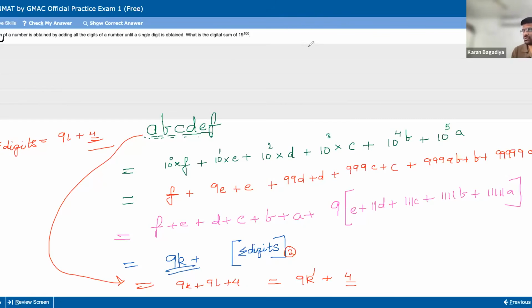So let's check. If I have 47, the summation is 4 plus 7, 11, which in an ideal world we will sum up again till we get a single digit: 2. So 2 is the digital sum of 47. Let's say we have 638. I'll give you all a quick 30 seconds to do it and then I'll write it. So do it on your own now. Come on, quick.